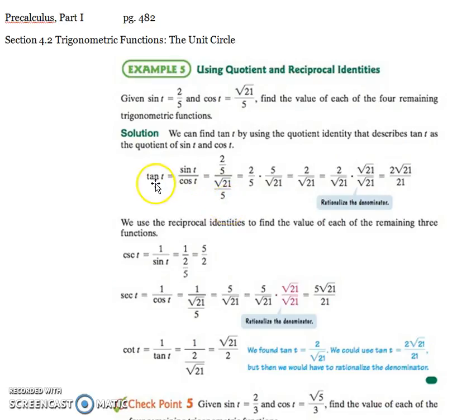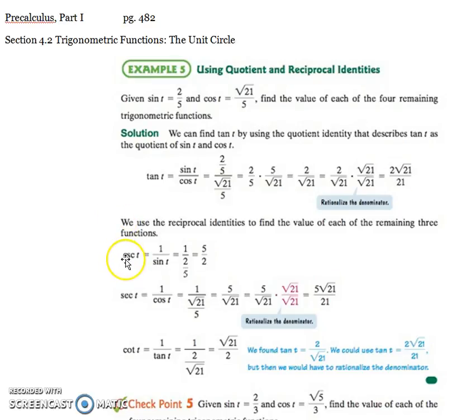So tangent is sine over cosine, so 2/5 over square root of 21/5 multiplied by the reciprocal. The 5's cross out, so that leaves you with 2 over square root of 21, which we cannot leave, so you have to rationalize. Multiply bottom and top by square root of 21, and you get 2 square root of 21 over 21. That's tangent.